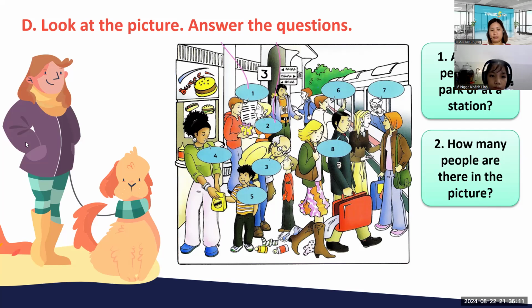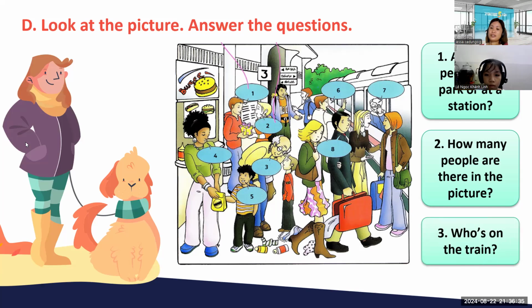Come on, Lynn. How many people? 15 people. Okay, good. Next here. Who's on the train, Lynn? Look at the picture carefully. Who's on the train? The woman. It's the woman.